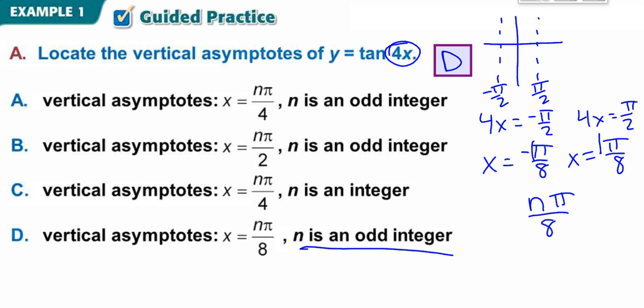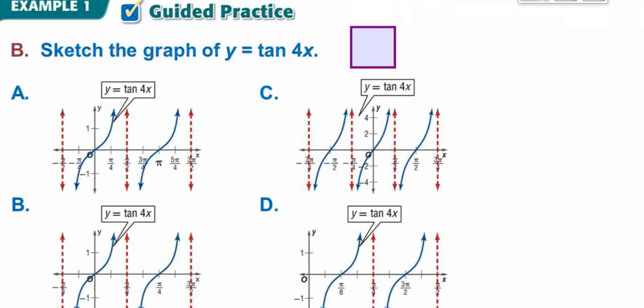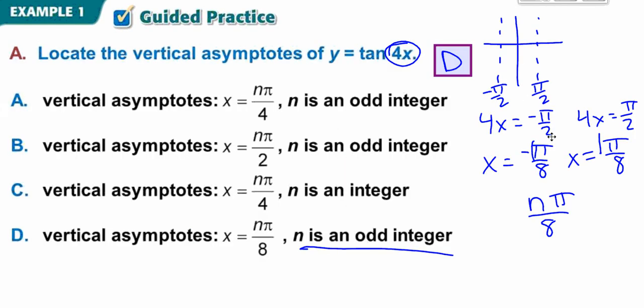So here's the next one, and I do want to go over these. Okay, maybe I'm just going to sit here for a minute. So this is the tangent of 4x, and so it's kind of the same thing.